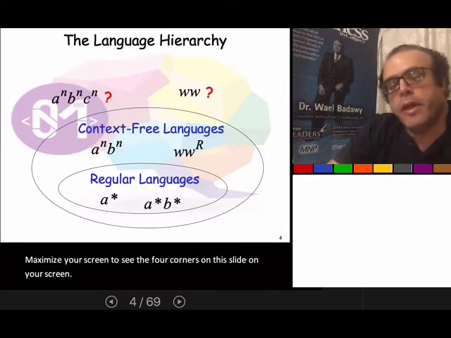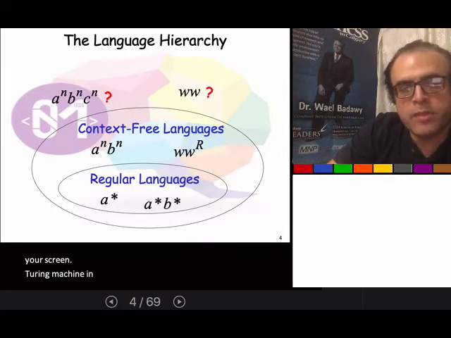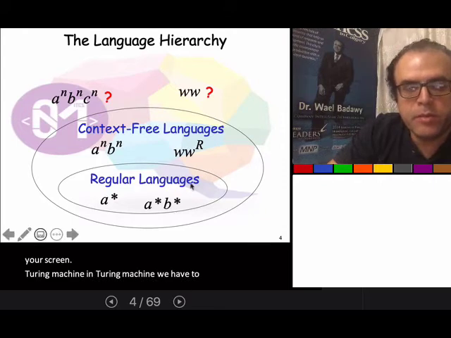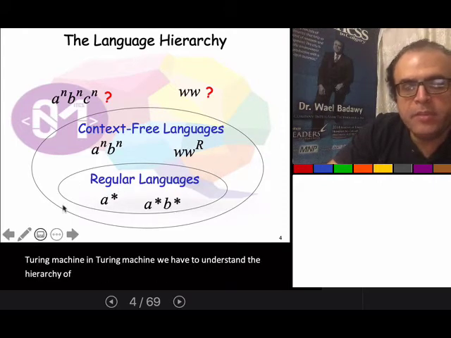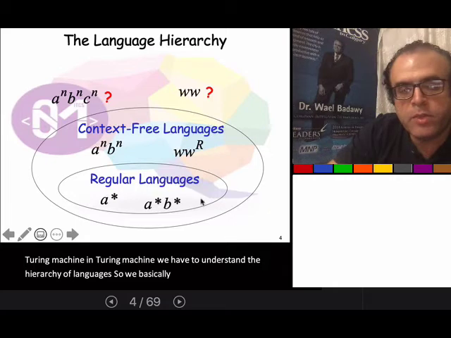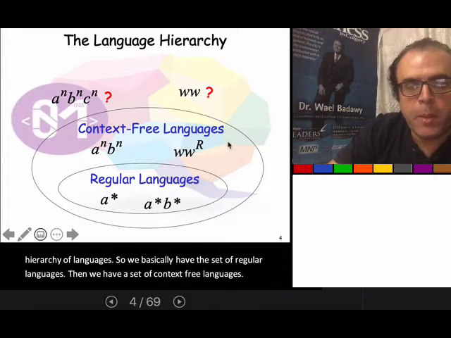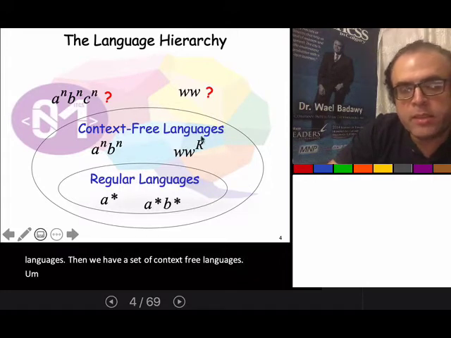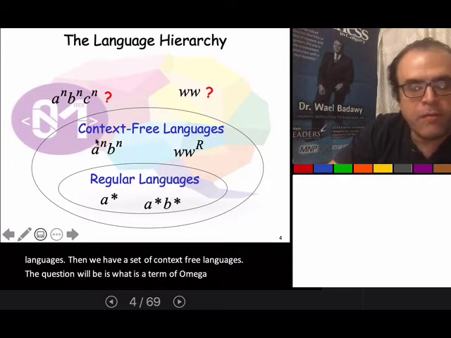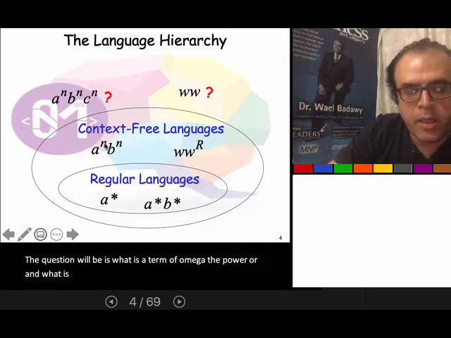Turing machine. In Turing machines, we have to understand the hierarchy of languages. So we basically have the set of regular languages. Then we have a set of context-free languages. The question will be: what is the term ww^R, and what is the term a^n b^n?